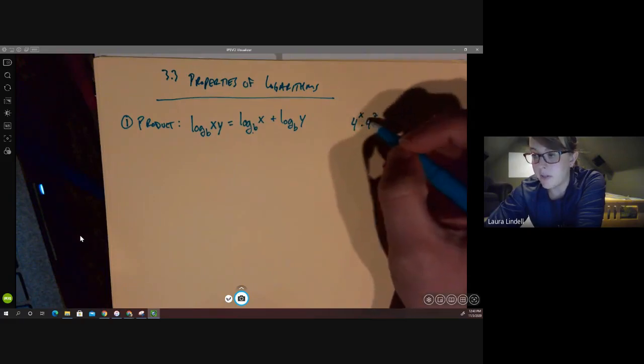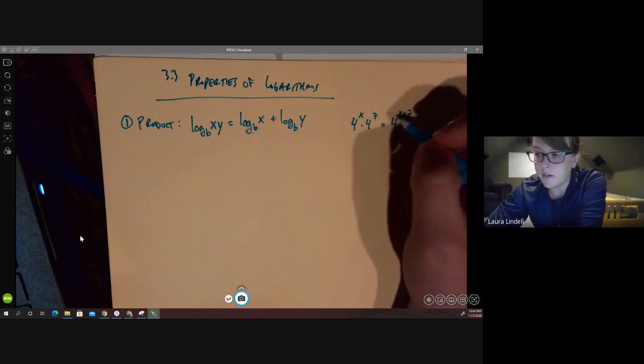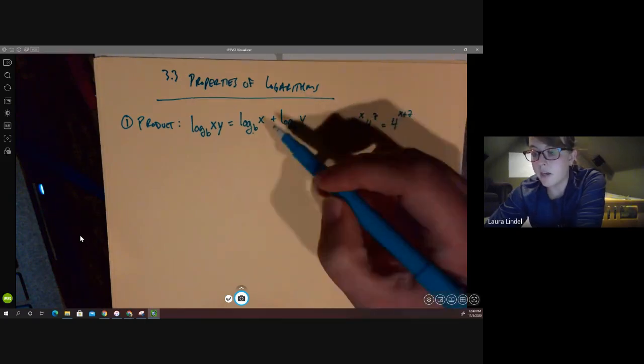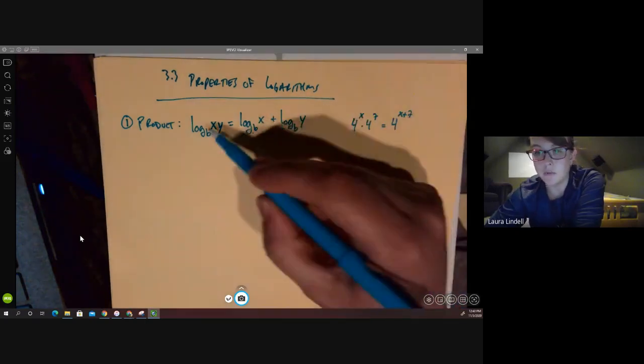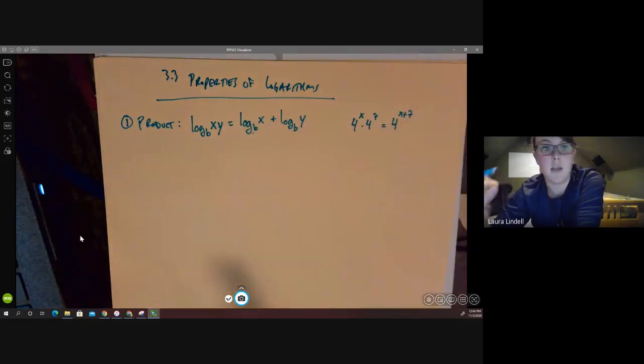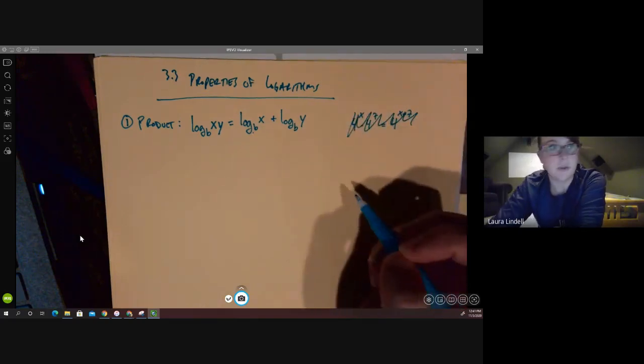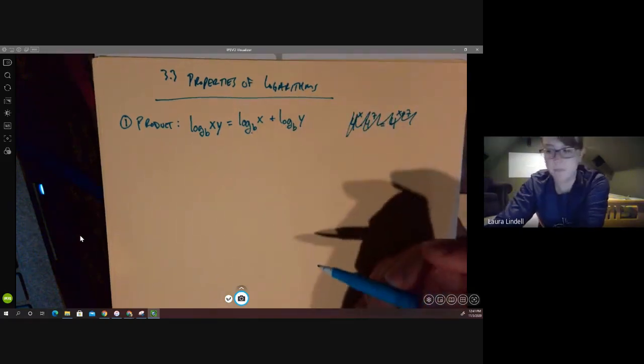So with exponents, you can combine multiplication into addition. With logs, you can combine addition into multiplication. It's the opposite way around. So that's kind of nice. But I'm going to erase that so we don't confuse that with what's going on over here.